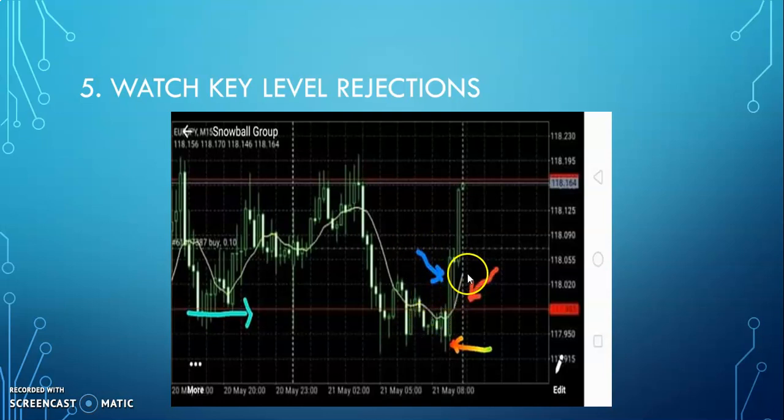Then we have here the rejection from the moving average. So there are many signals: the key level, the rejection from the moving average, the pin bar here, and the bullish engulfing. And I'm very sure that it's really going to go up.